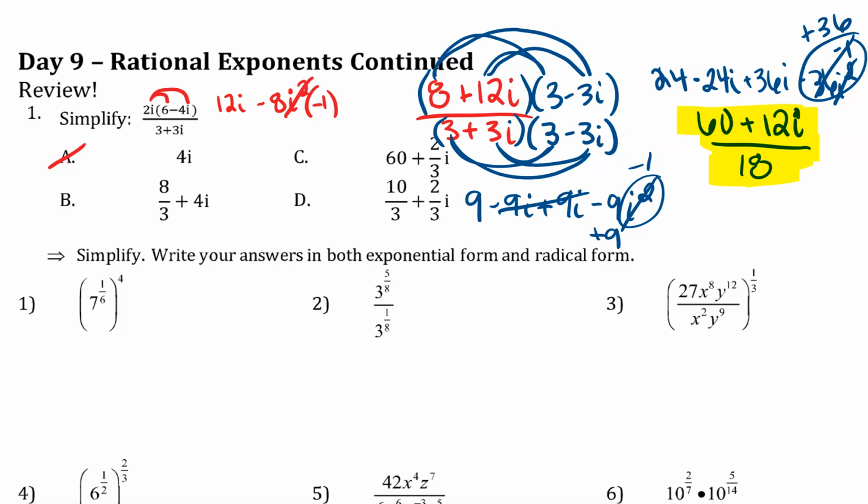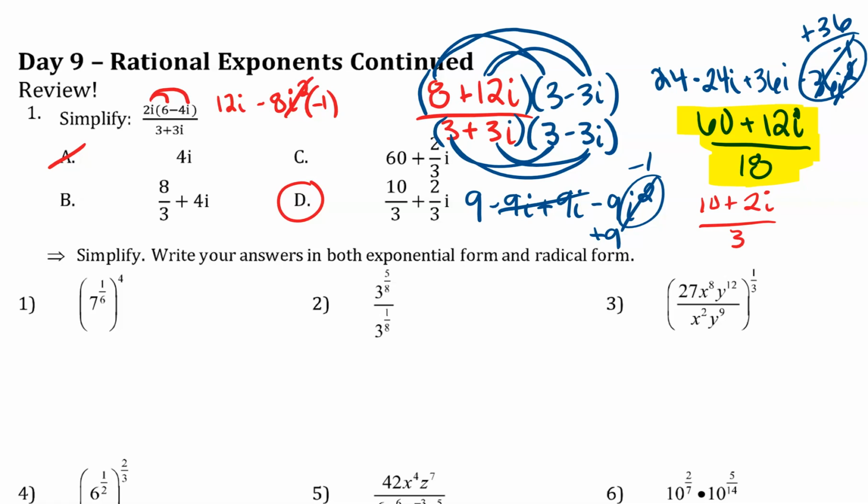So what goes into each one of these looks like 6 goes into each one. Divide each by 6, we get 10 plus 2i all over 3. Which again isn't exactly the same as any of those, but it is pretty much the same as D. They just split that into 2 separate fractions, 10 over 3 plus 2i over 3. So same thing.